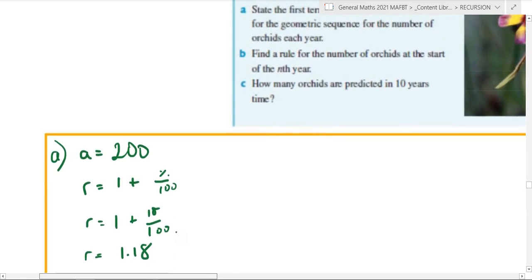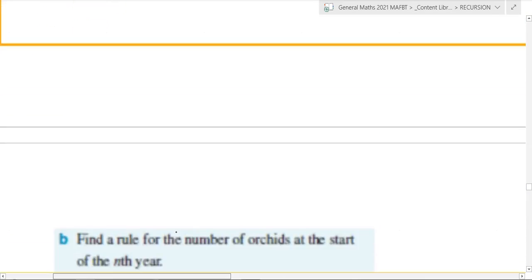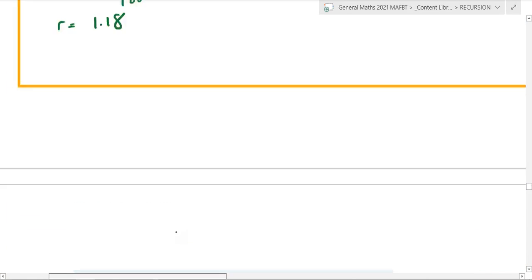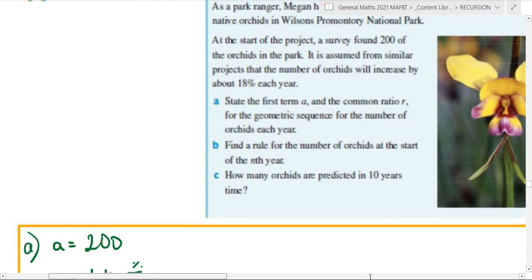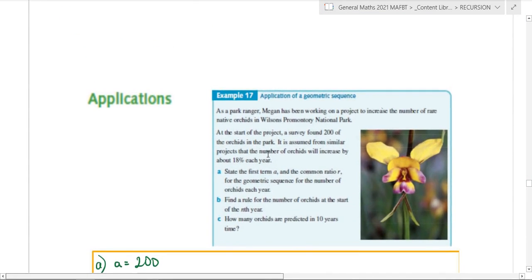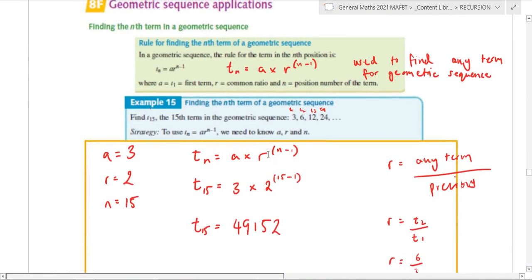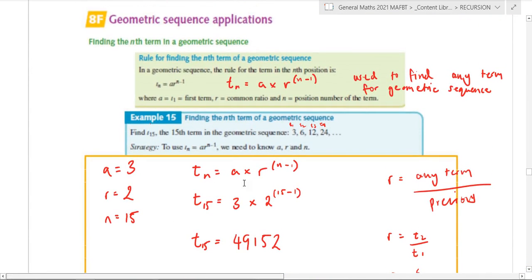Okay, part B. Now the rule bit, I'm hoping again, there's actually space here. So part B, find the rule for the number of orchids at the start of nth year. Now in terms of the rule, we're going to just use the nth term rule that we learned at the start of this chapter.